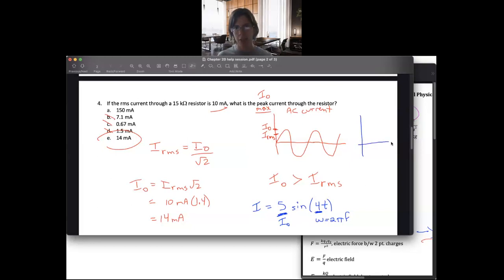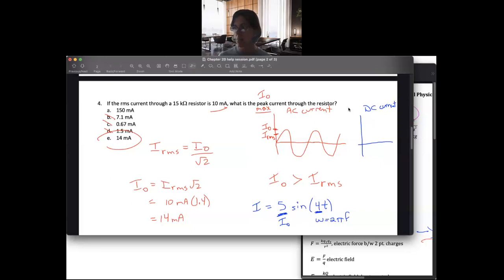But the last thing I forgot to draw for this is if you have DC currents. Does anybody know what a graph of that would look like? If you had DC current instead of AC current? AC current is alternating. DC current does not alternate.